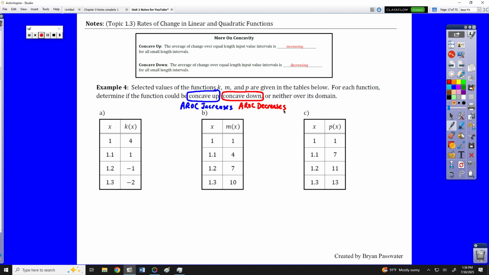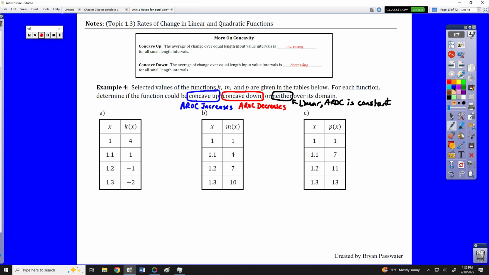And if it is neither, that implies that it is linear, which means the AROC is constant. So really all we're looking at is the average rate of change increasing, decreasing, or neither?